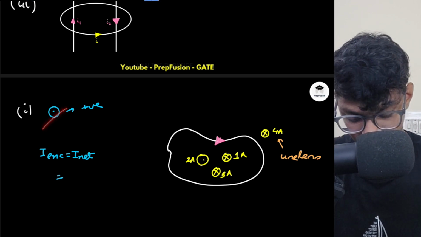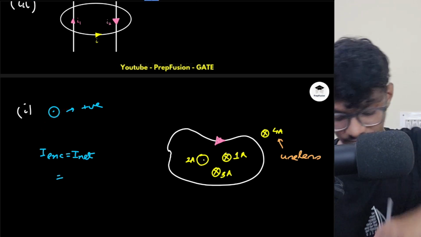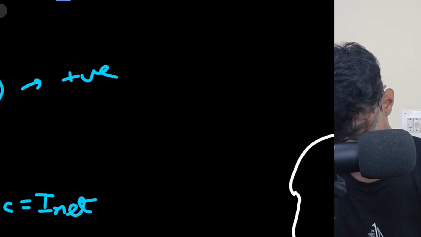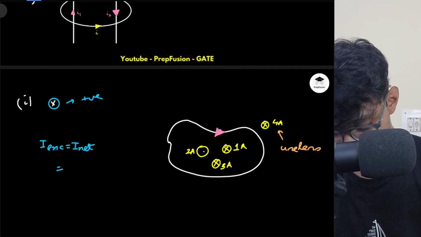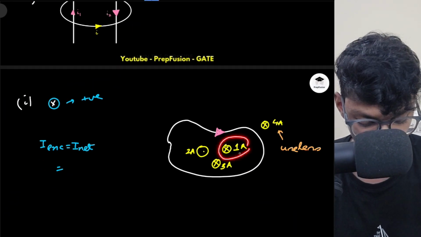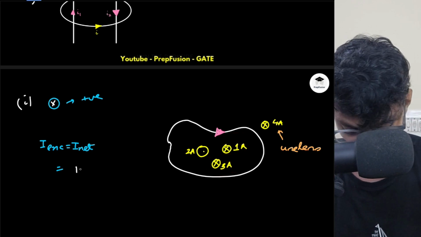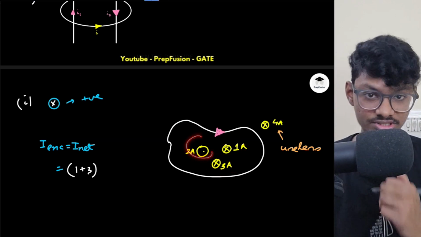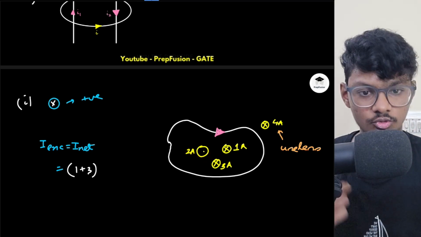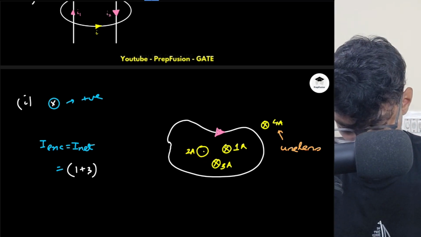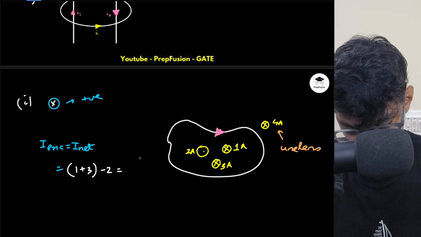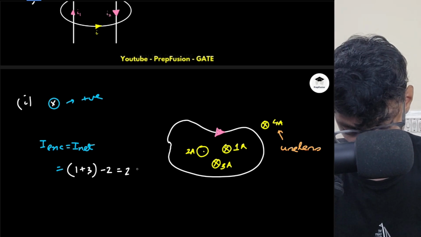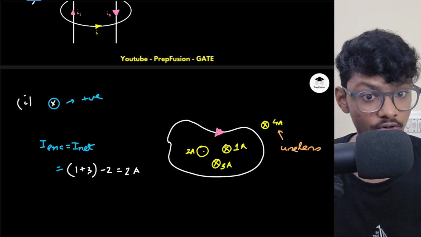Inside will be positive. This will not be dot, this will be cross. So 1 is positive, 3 is positive: 1 plus 3. What is negative? 2 will be negative, because 2 is coming towards me and is the opposite. So I will subtract 2. This will become 2 amperes. This will be I net according to direction.